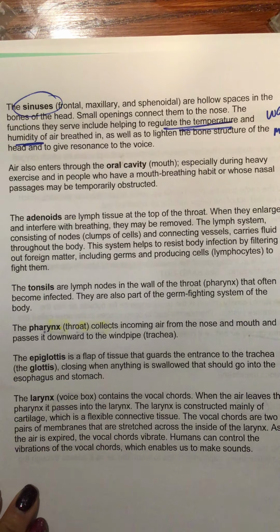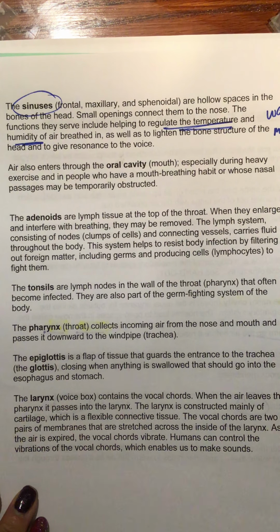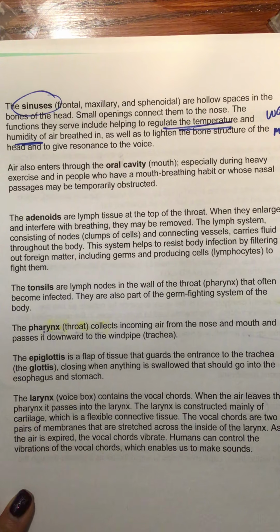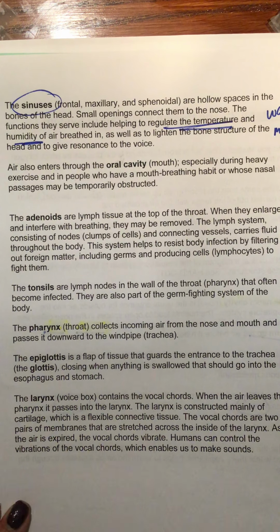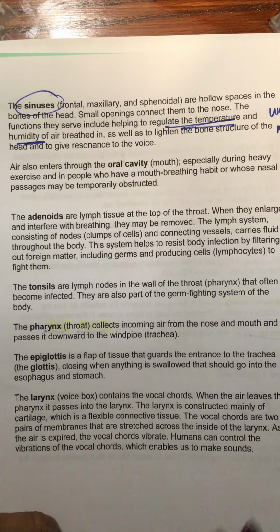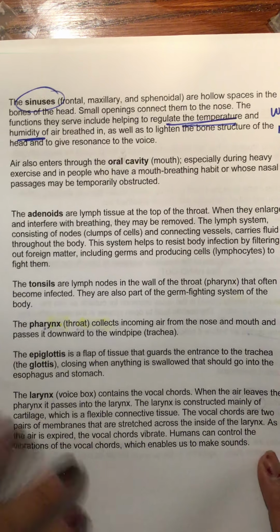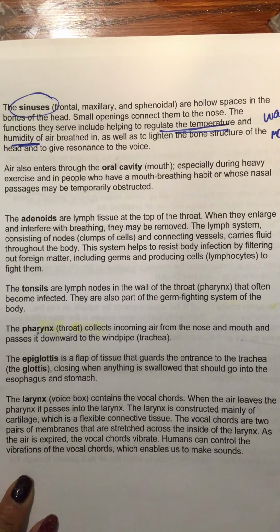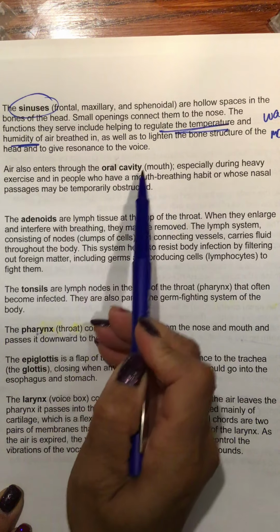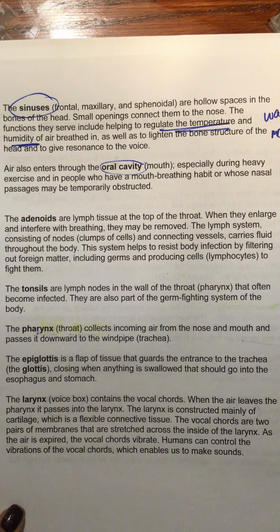So sinusitis is when you get stuffed up, and if it's infected, it can be overwhelmed with bacteria, and that is again when you have a bacterial infection, you may need an antibiotic. So when air enters through the mouth, the oral cavity, especially when you're panting, you may need to have an extra entry for air so that you can bring in the oxygen rapidly into your cells.